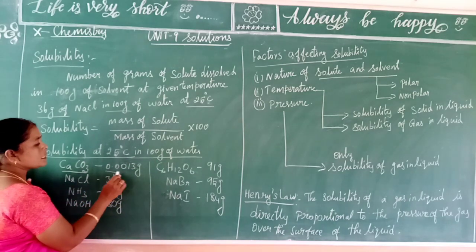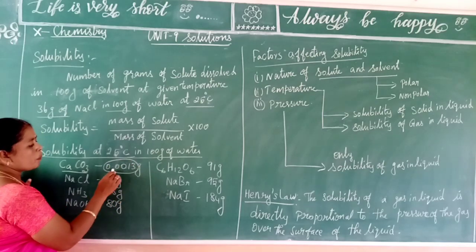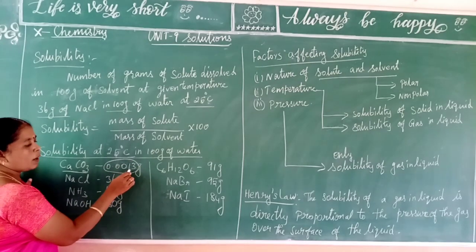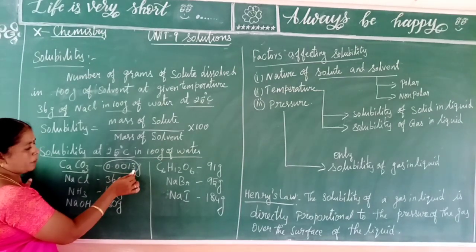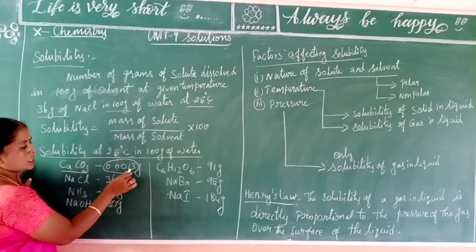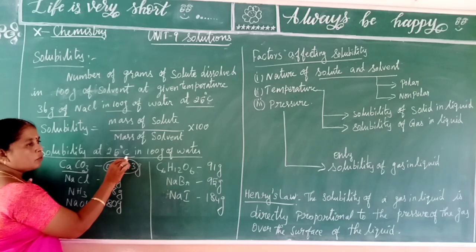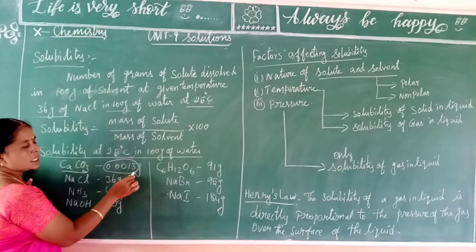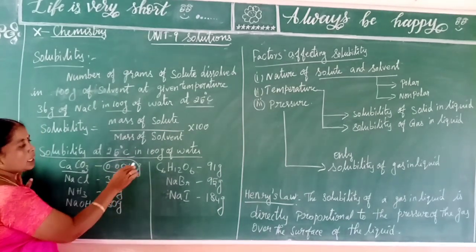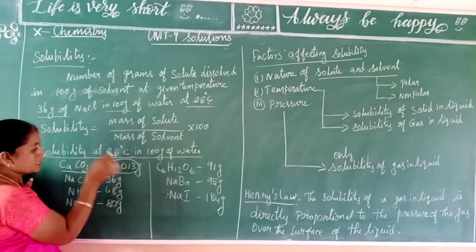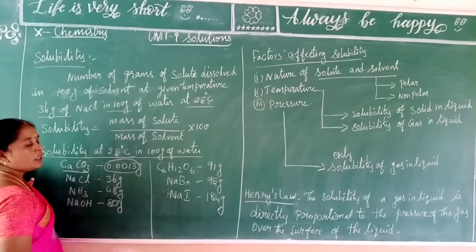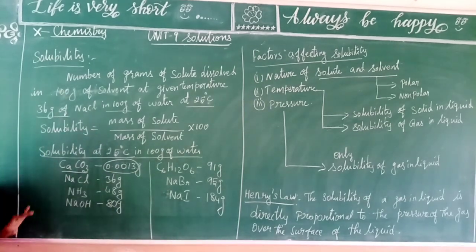How many grams will be dissolved? 0.0013 gram only dissolves. Suppose it is more, then it is supersaturated. Suppose the gram is less, then that is unsaturated at 25 degrees centigrade. Suppose the temperature is raised, the grams also rise, the solute particles also rise.